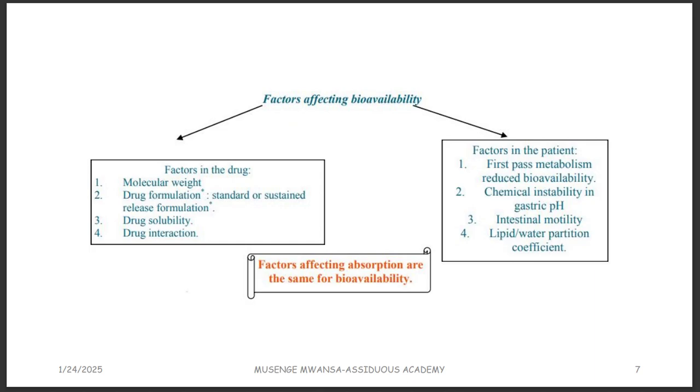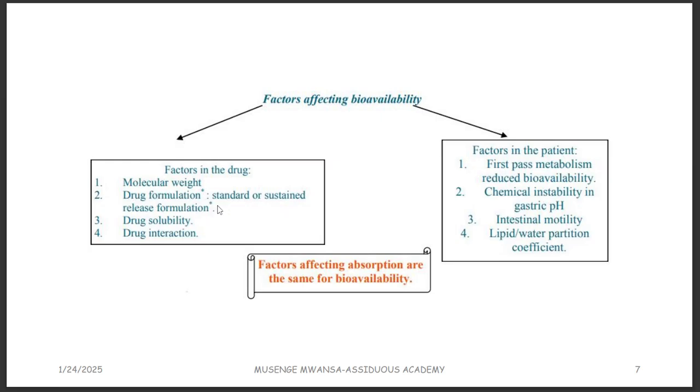And then drug formulation also affects bioavailability. So there is a standard or sustained release formulation. For some drugs, the way they are given is that once you've been given the drug, it is more like it is being kept by your body. When the concentration of the drug is reducing, more is released again.